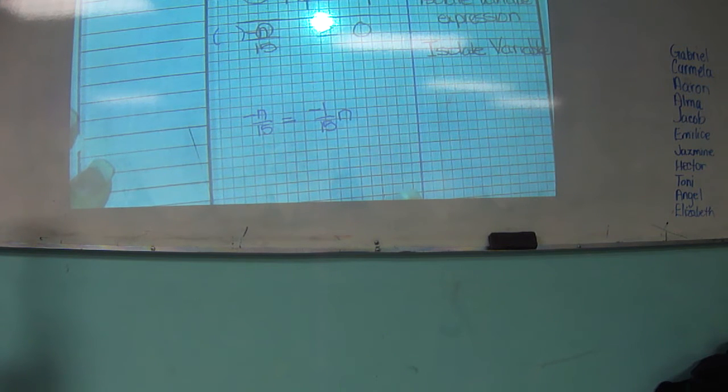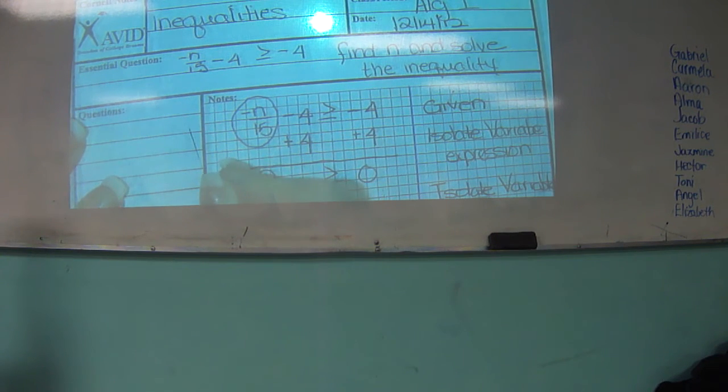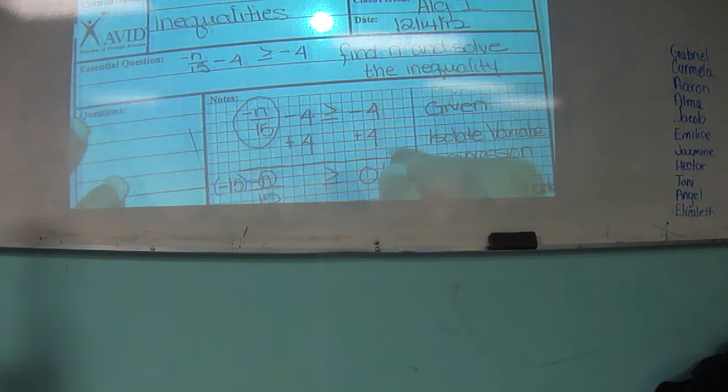What's the reciprocal? It's negative 15, right? So if we multiply one side by negative 15, we multiply the other side by negative 15.